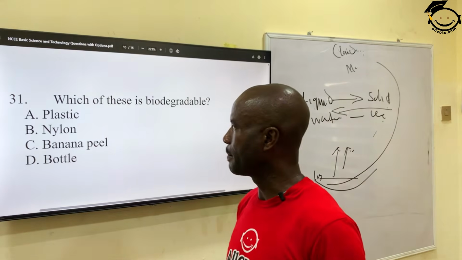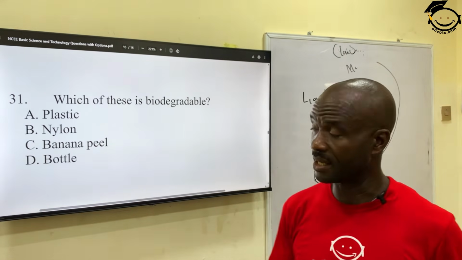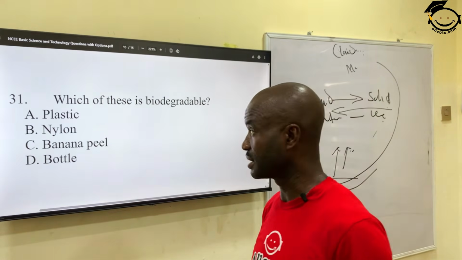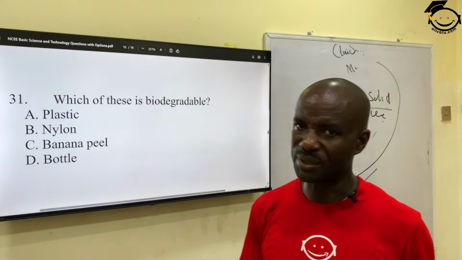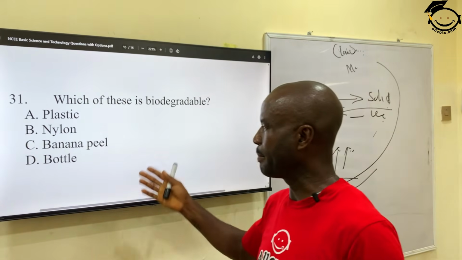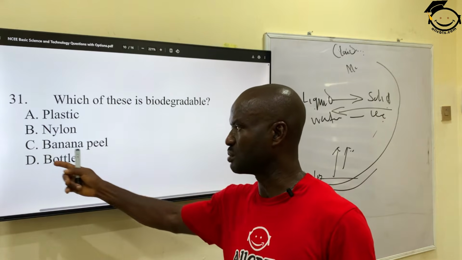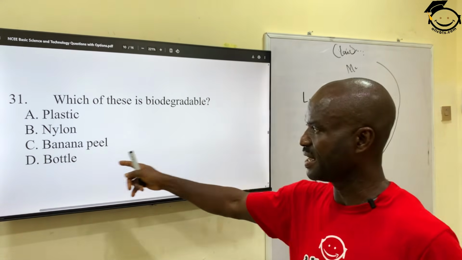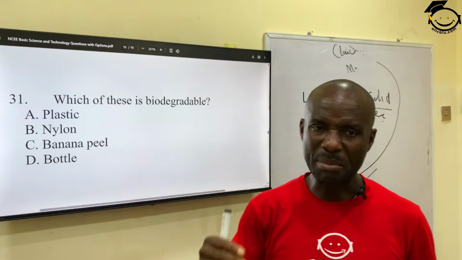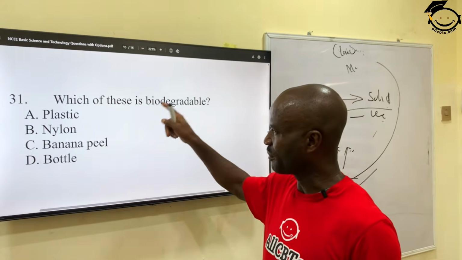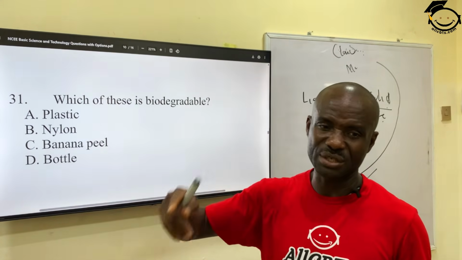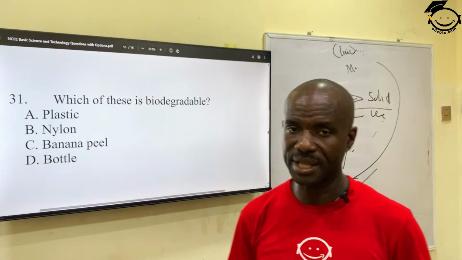So, A, plastic. Plastic will not decay because it's not a living organism. Nylon will not decay. Banana peel, then bottle. The correct answer, which is a living thing here, is banana peel, which is biodegradable, meaning bacteria can act on it to cause decay. So C is the correct answer.